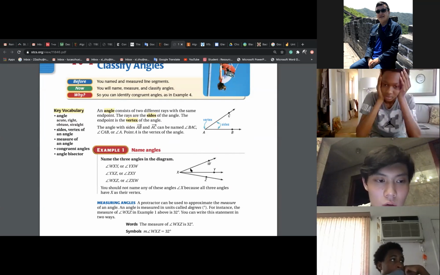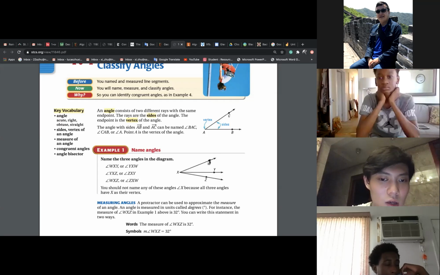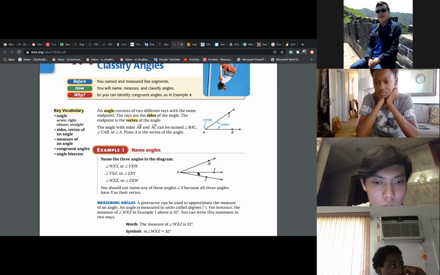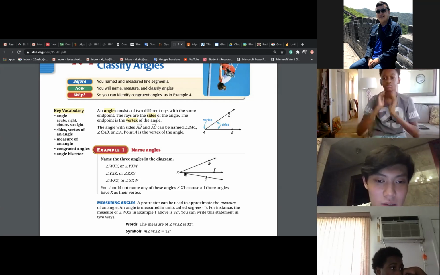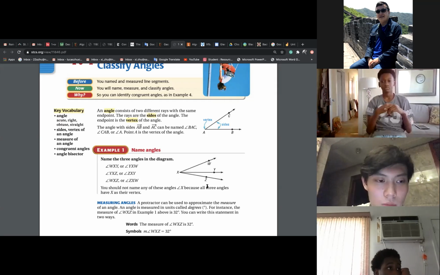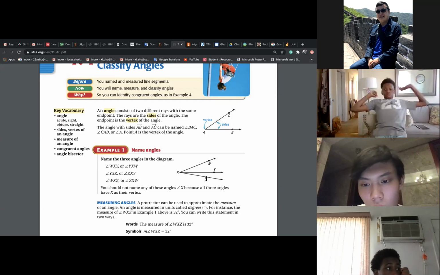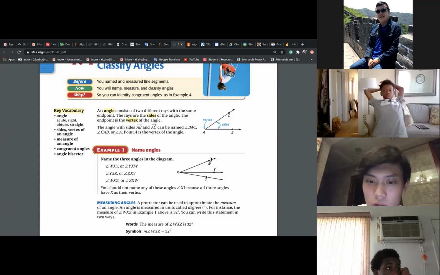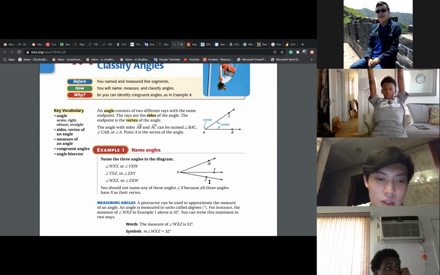You have to start with one side, then the vertex, and go to the second side. So this angle right here is angle WXY. The angle below is angle YXZ. And the entire big angle is angle WXZ.